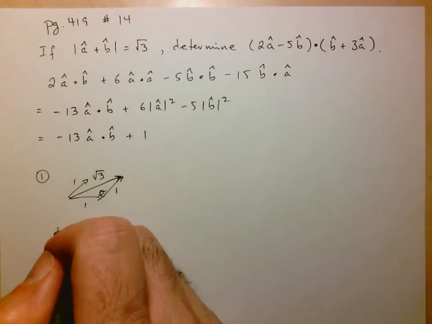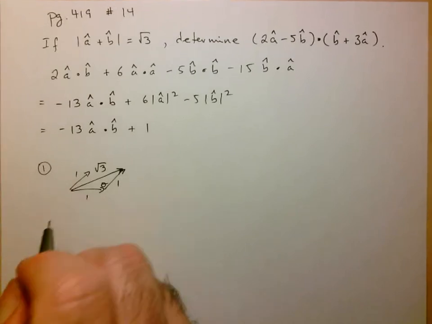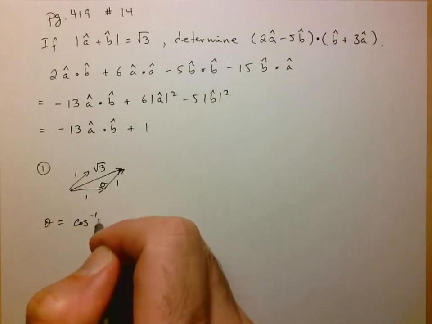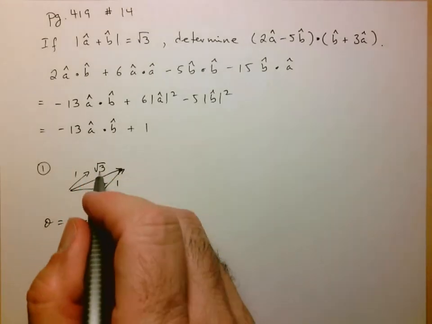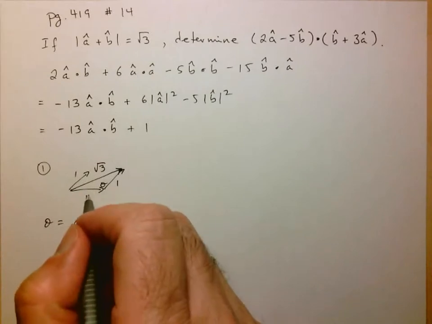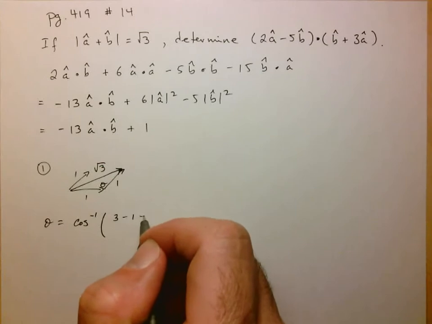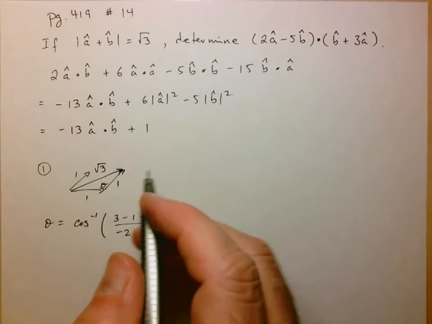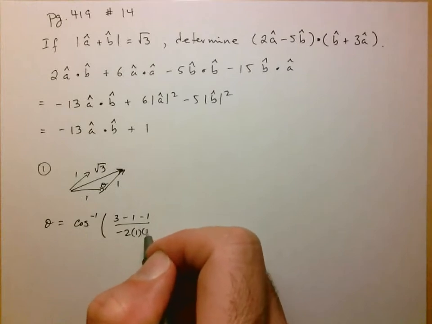So here, we've done this so many times, theta will be equal to cos inverse of, well, that's the opposite side, so it'll be root 3 squared, so 3 minus 1 squared, minus 1 squared, so minus 1, all over negative 2 times the length of the other two sides.